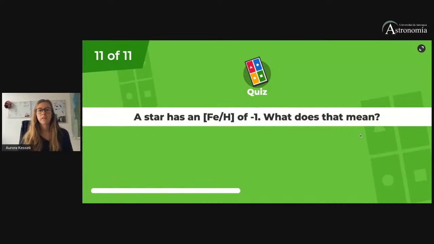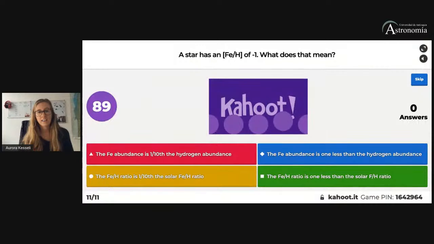And last one. A star has an Fe/H of -1. What does that mean? Does it mean the iron or Fe abundance is 1/10 of the hydrogen abundance? Does it mean the iron abundance is 1 less than the hydrogen abundance?